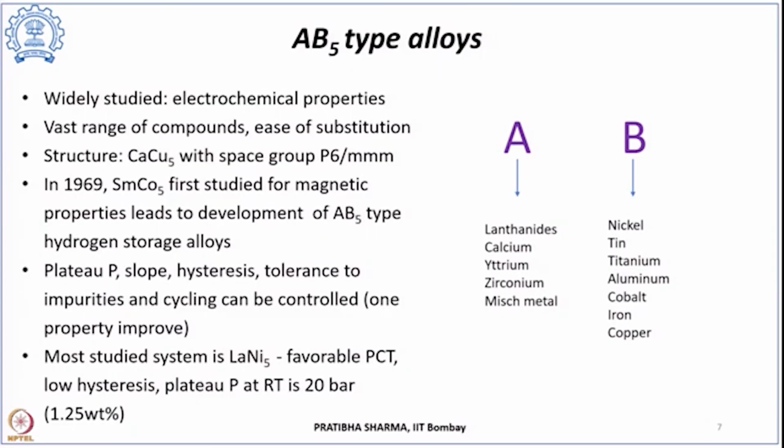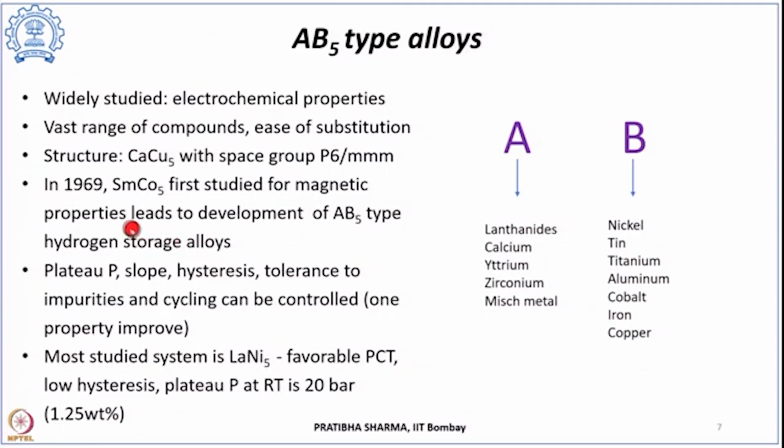The reason being ease of substitution at the A and B sites. The typical structure is of CaCu5 type, and the first material in this class which was studied was SmCo5, and that was studied for its magnetic properties, and thereafter the development of the AB5 type of hydrogen storage materials started.